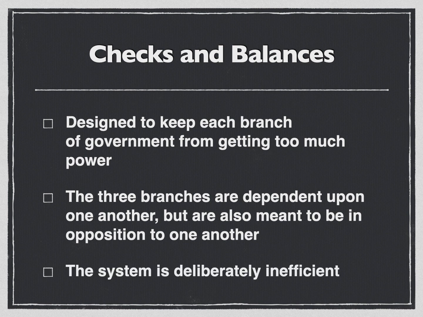So in other words, our system is deliberately inefficient. If you've ever complained about how slowly the US government works, it was designed that way. Think about when our government was created. We were just coming out of a giant revolution, a war. People were terrified of change happening too quickly, because that's what happens in a revolution, is change happens so quickly, people don't have time to adjust to it.